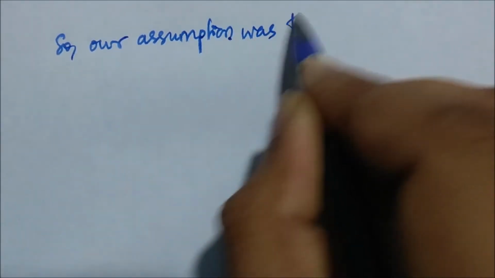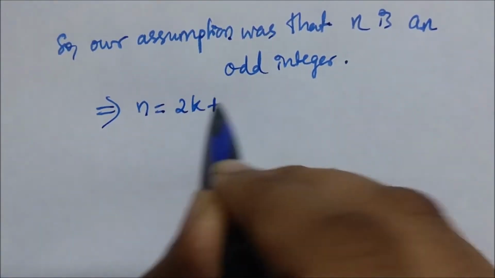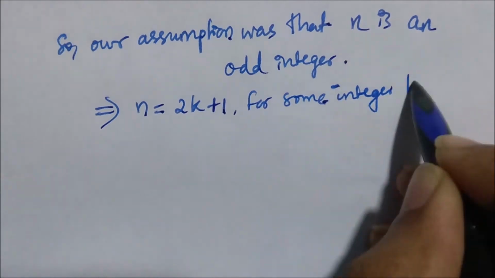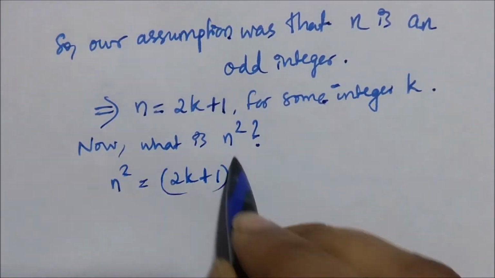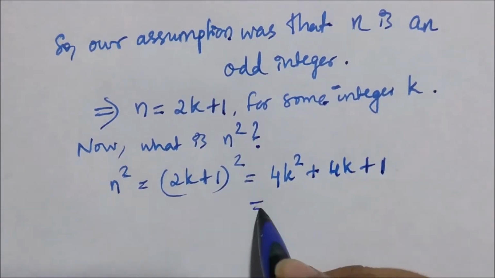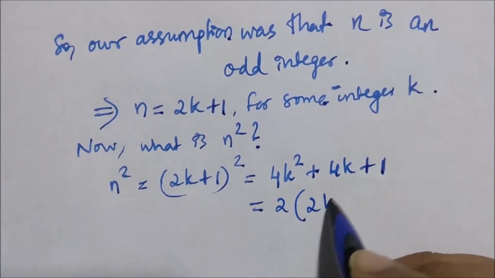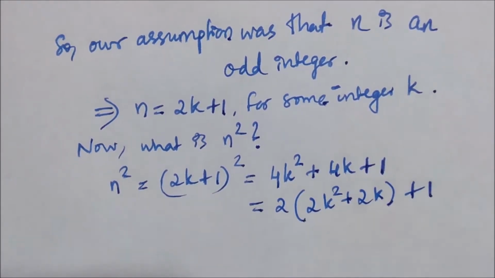So our assumption was that n is an odd integer, which means that n equals 2 into k plus 1 for some integer k. What is n square? n square is n into n, that is 2k plus 1 into 2k plus 1, which is 4k square plus 4k plus 1. Now we rewrite that as 2 into (2k square plus 2k) plus 1.